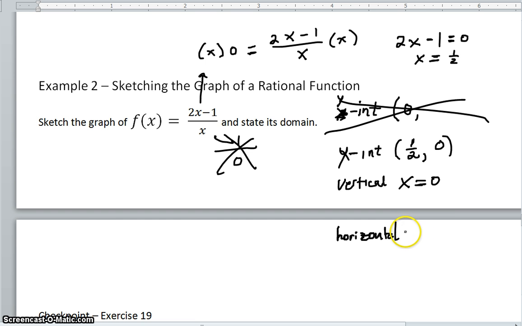So what we do is we deal with the leading coefficients of both of them. The leading coefficient of the numerator is 2. The leading coefficient of the denominator is 1. So the horizontal asymptote happens at y equals 2.